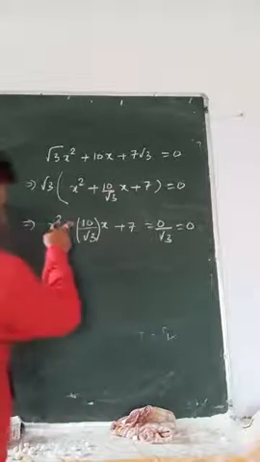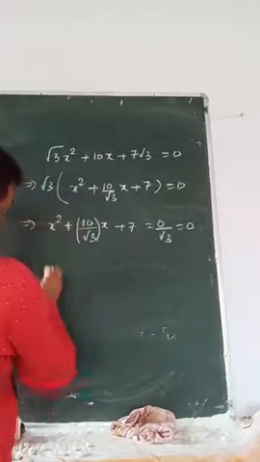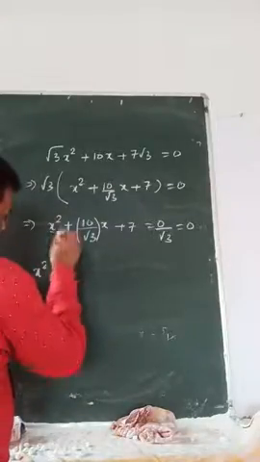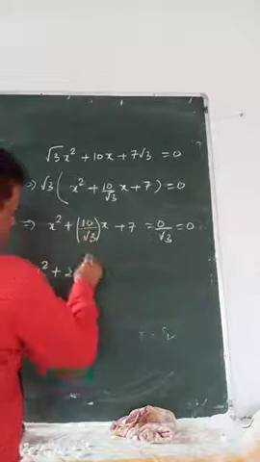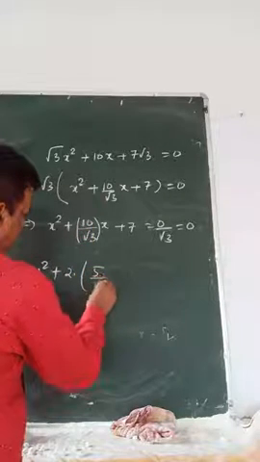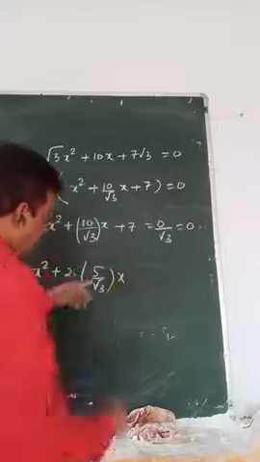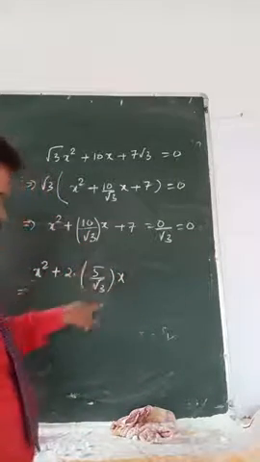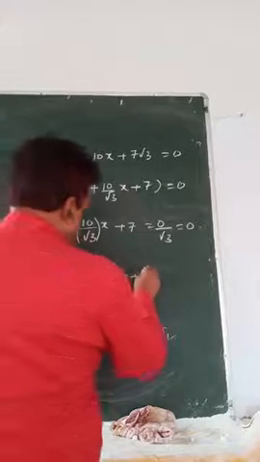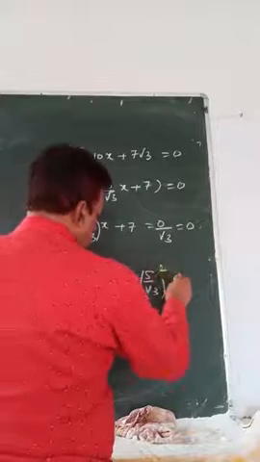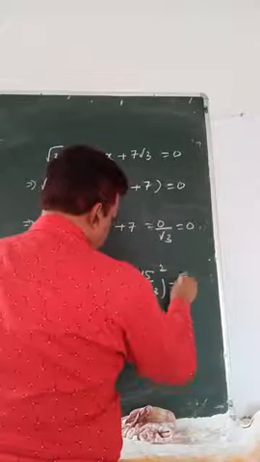Where it is not there, you have to multiply divide, but here it is here. So x square 2. So when you take out 2, how much? Now 5 by root 3, into 5, 10 x. Now this is your b. So plus 5 by root 3 square minus 5 by root 3 square.